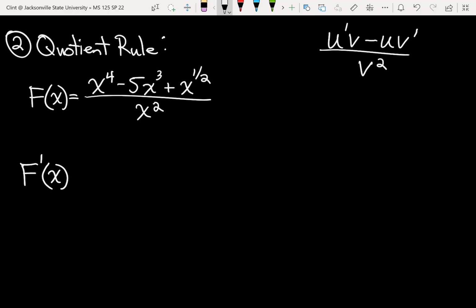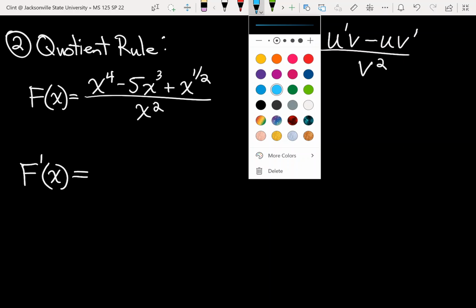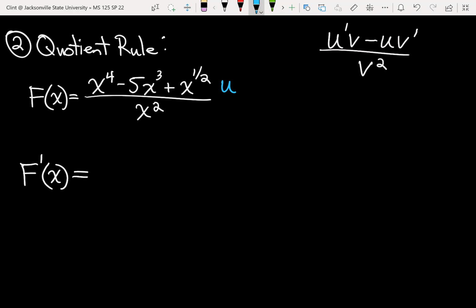Okay. So doing quotient rule, what do we get? The way I have it written, this would be u.